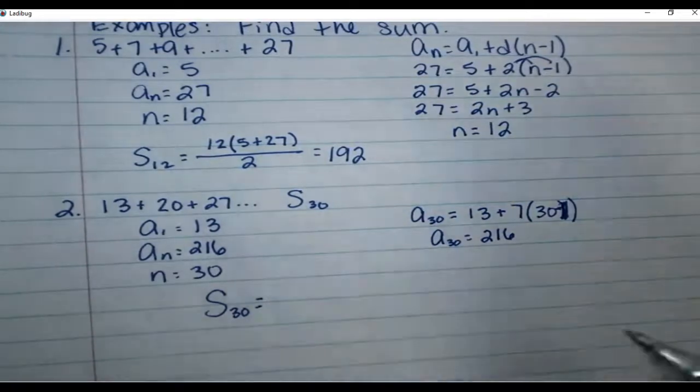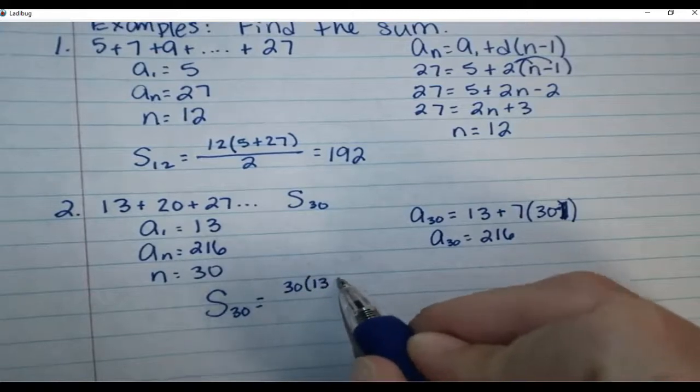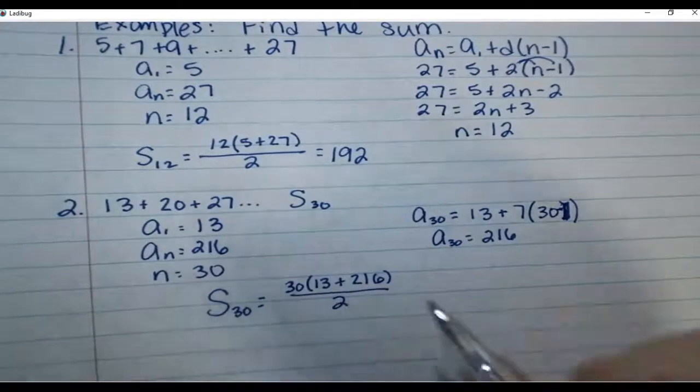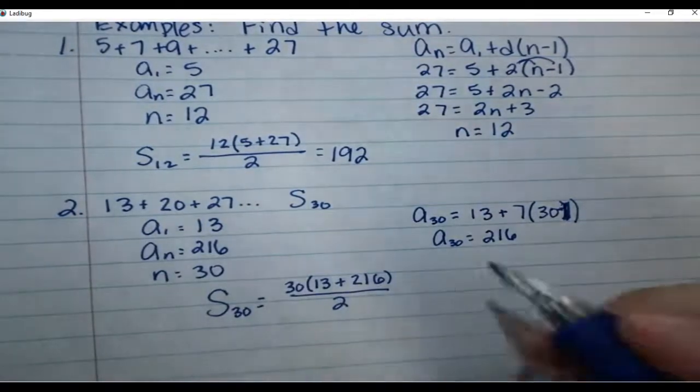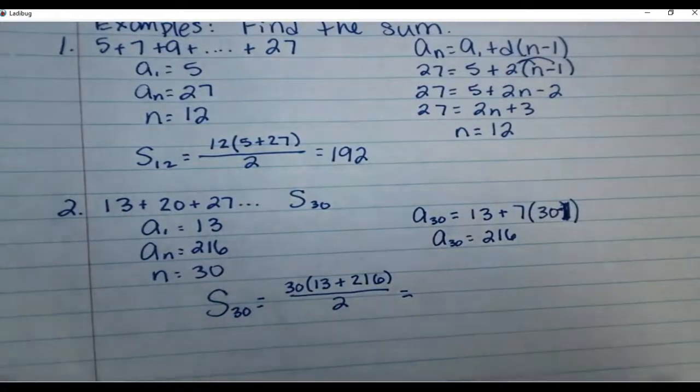So S sub 30 equals 30 times 13 plus 216 over 2. And then again, you can just type it in your calculator.